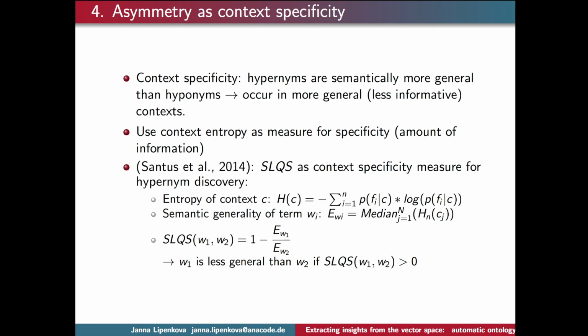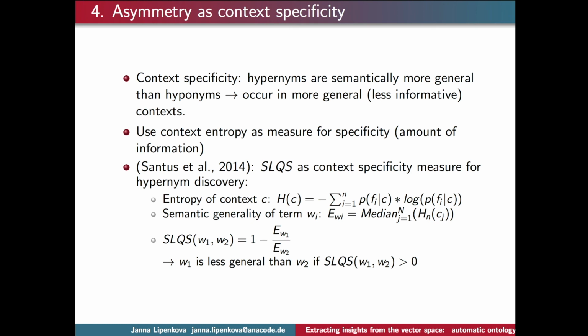Okay, so how then do we narrow down this representation that we got from word embeddings to hyperonymy? We do this, as said, by including this additional logical property of hyperonymy, which is asymmetry. So we use context specificity and observe that hyperonyms are semantically more general than their hyponyms. So they also tend to occur in more general, that's less informative contexts.